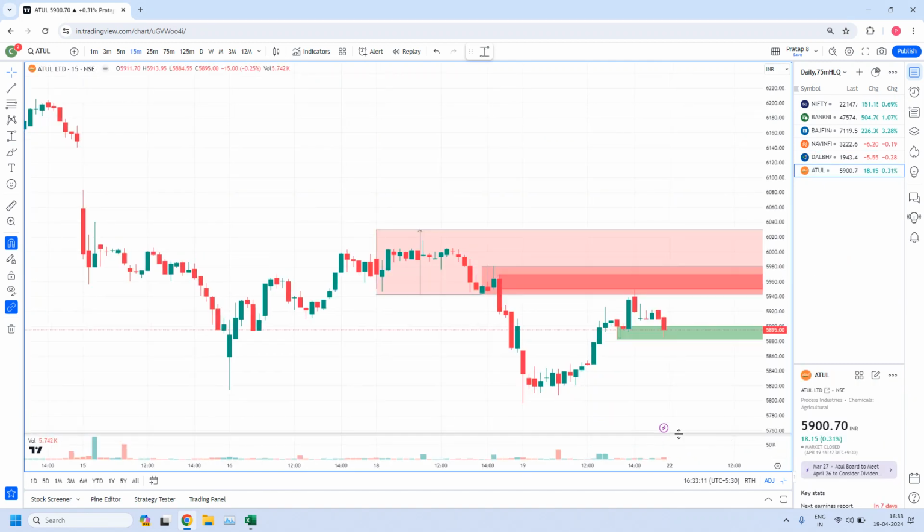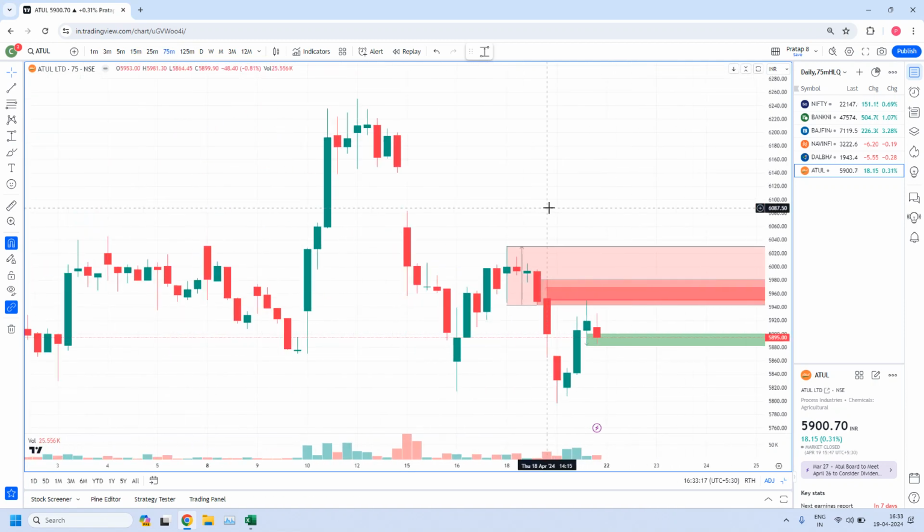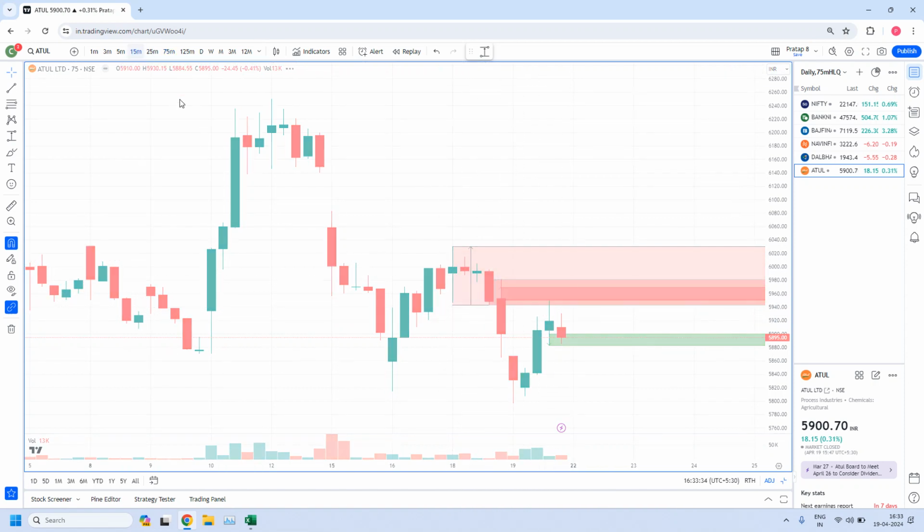In the last 1.5 hours we got the trade. This is also a 75 minute zone. So we have a drop candle, 1, 2, 3 base candles, again a drop candle. And this 75 minute zone, we fine tuned with the 15 minutes time frame.